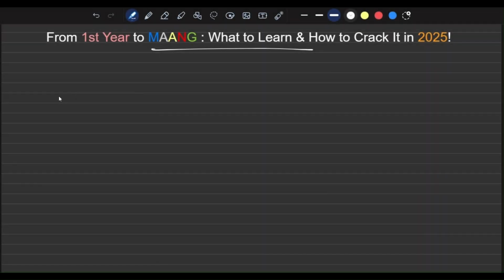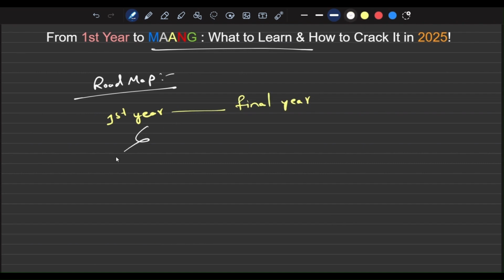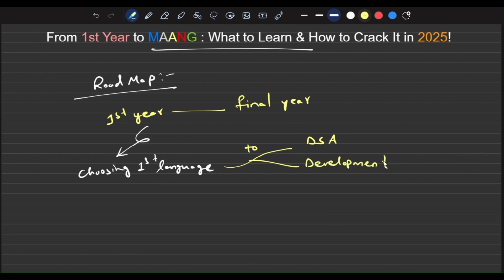Today, I'm here to give you a clear roadmap from your first year to the final year. That is from choosing your first programming language, to learning DSA, to learning development, and to landing internships and placements.